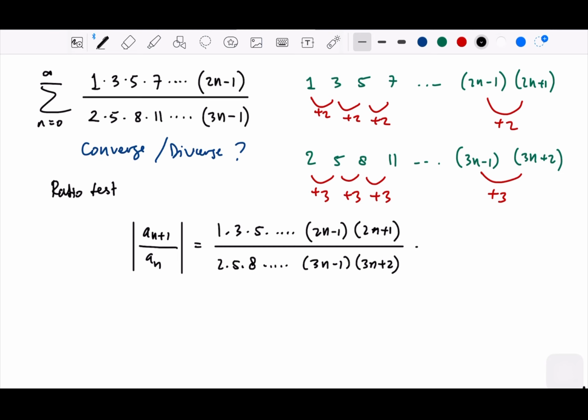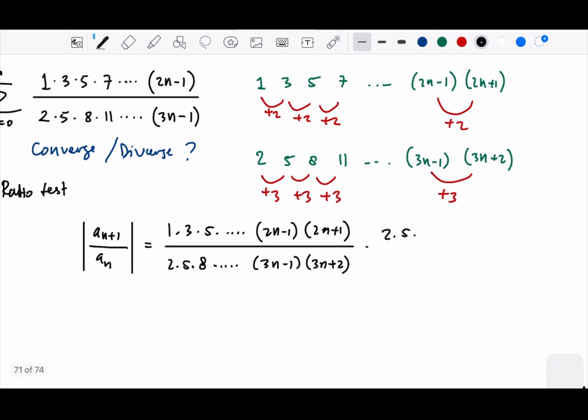And then multiply 2, 5, 8. But the interesting thing in these calculations is that all the terms that are multiplied are cancelled. Okay? At the end, it's cancelled. But if you don't take them into account in the ratio, then it's wrong. Yes. Okay.